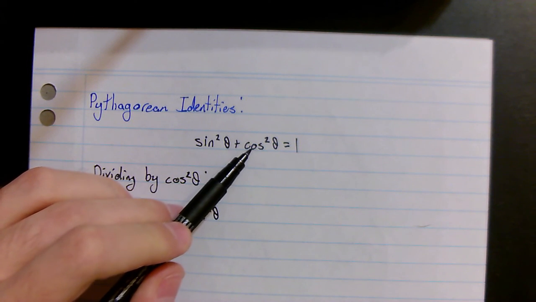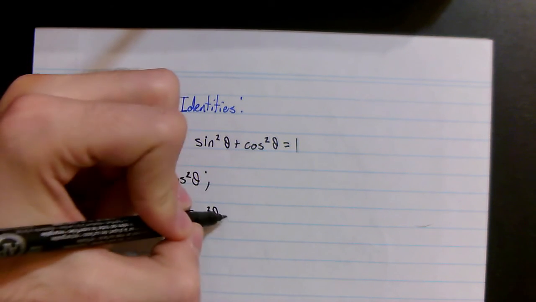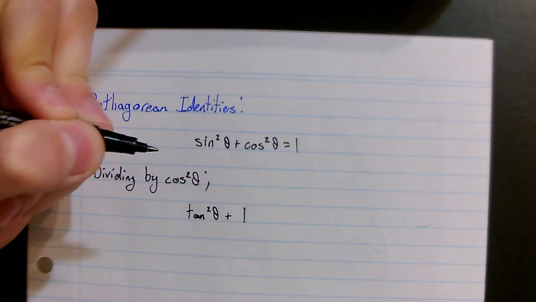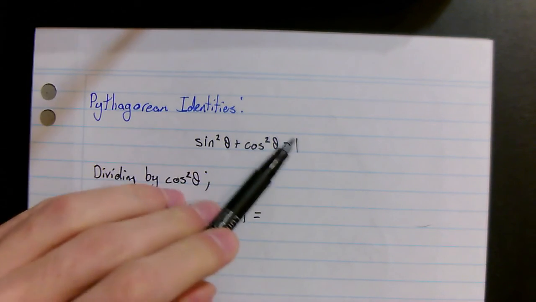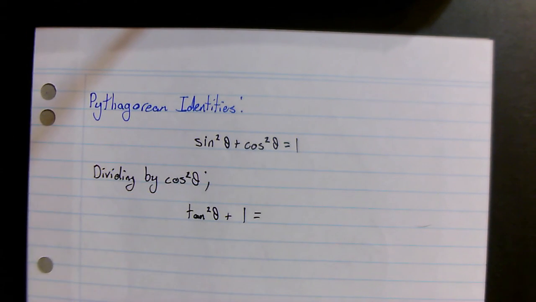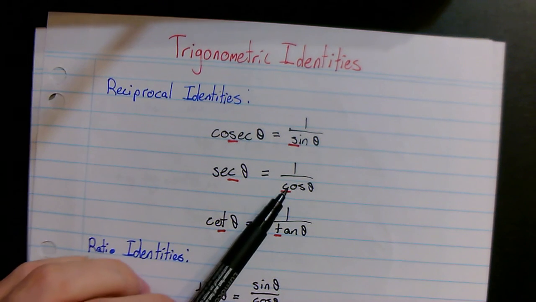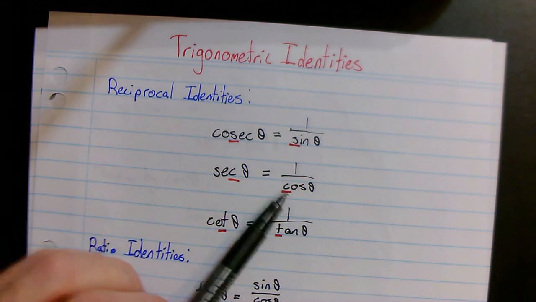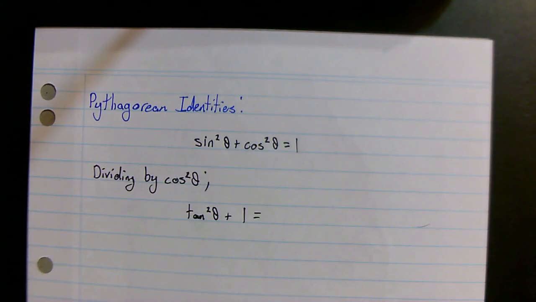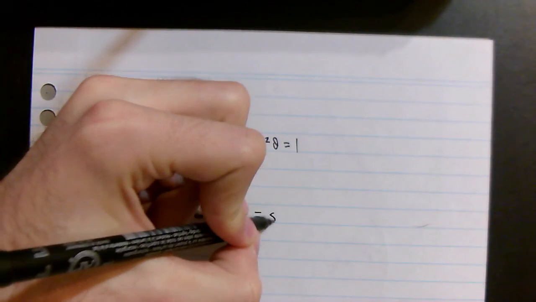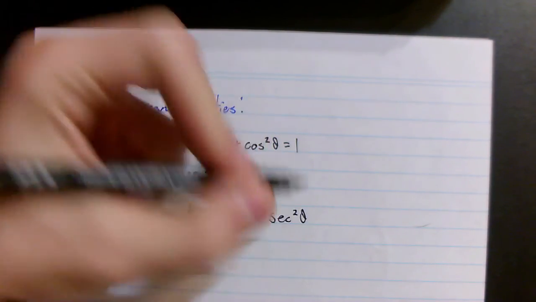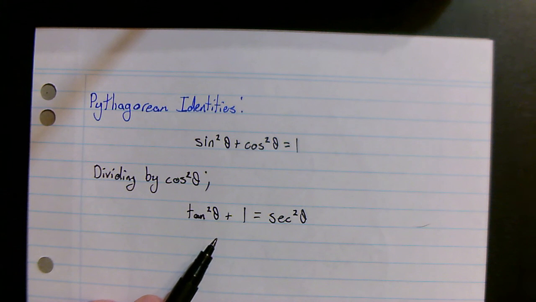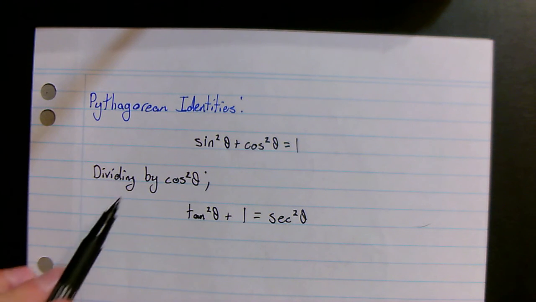We're dividing by cos squared theta, so cos squared theta divided by cos squared theta, well, that should be 1. And that's equal to 1 divided by cos squared theta. Now remember, 1 over cos theta is sec theta. So that means 1 over cos squared theta is going to be sec squared theta. So this is another identity that we get by dividing by cos squared theta.